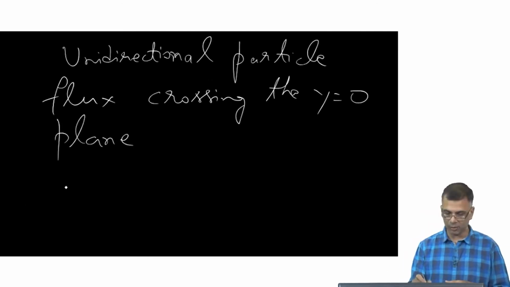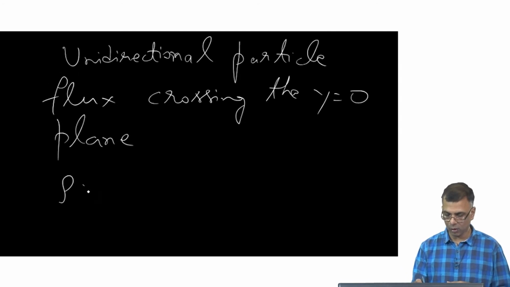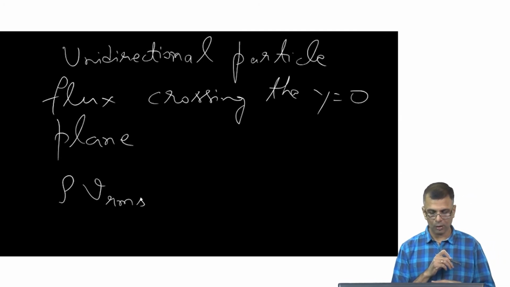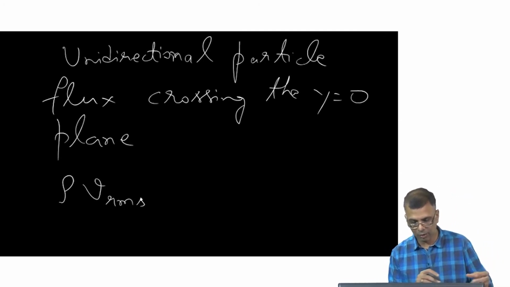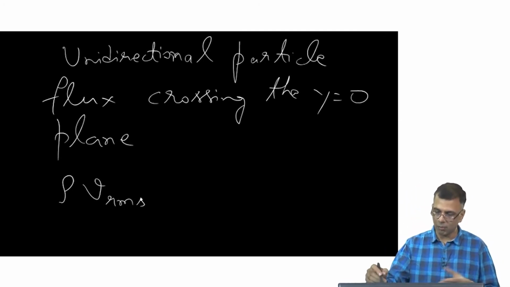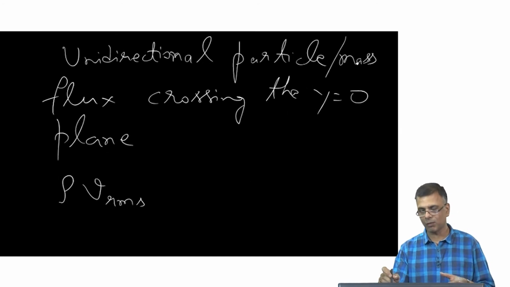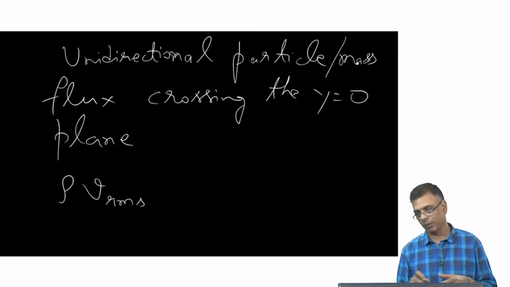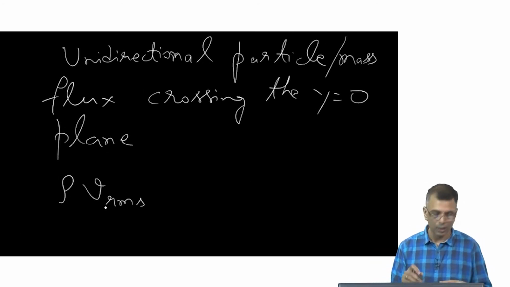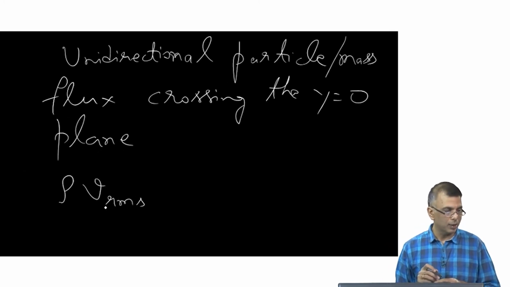This is something like rho VRMS, the unidirectional mass flux. If I was strictly talking about particle flux, this would be n VRMS. If I'm talking about mass flux, it's really rho VRMS, right?